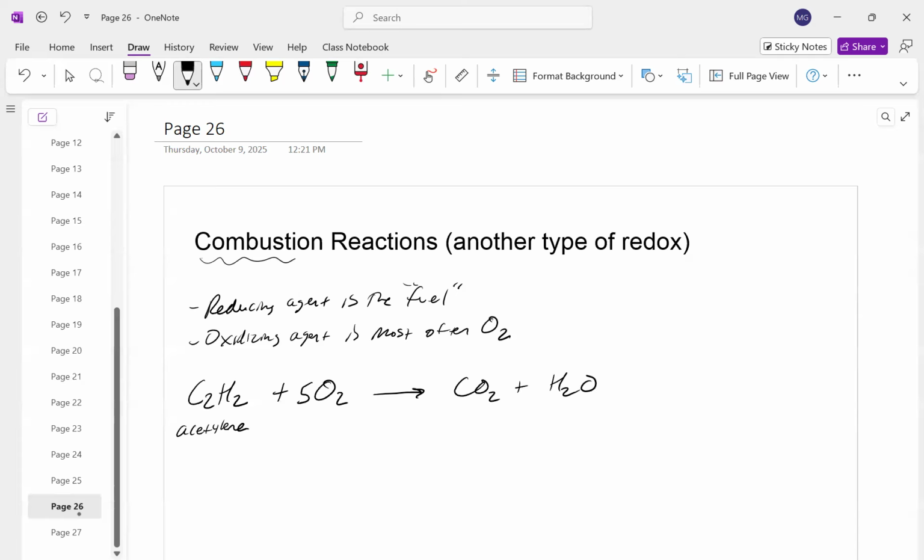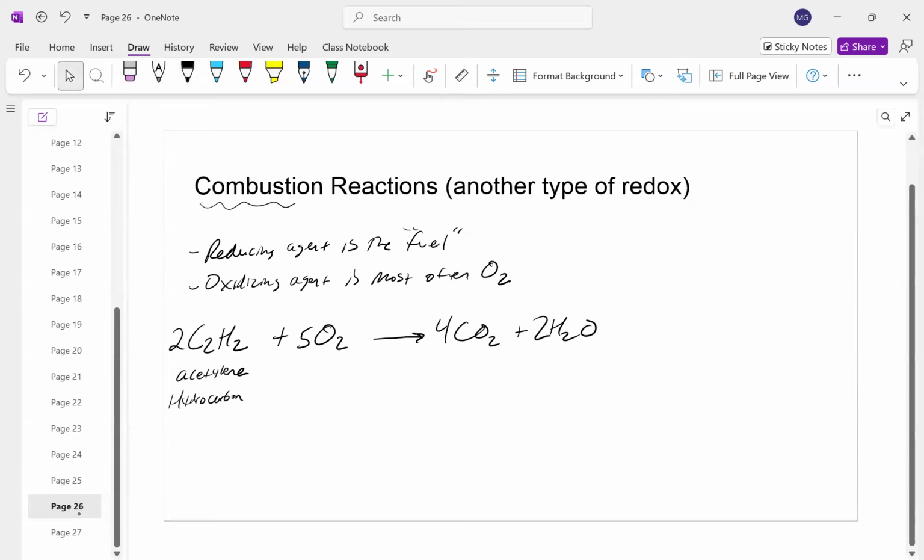Now I'll just go ahead and quickly balance this, but if you want to get some practice with balancing equations, and this is typical when you combust a hydrocarbon, and the reason they call this a hydrocarbon is because its formula contains hydrogen and carbon. Anytime you combust a hydrocarbon, you're always going to get carbon dioxide and water as a product. Finish balancing there. There we go.